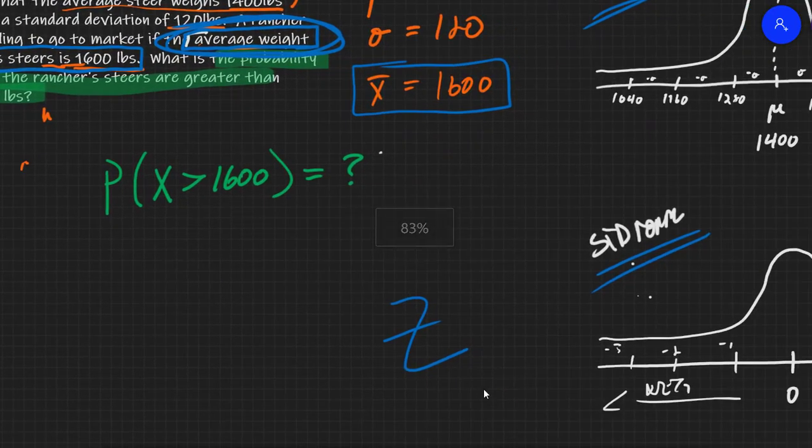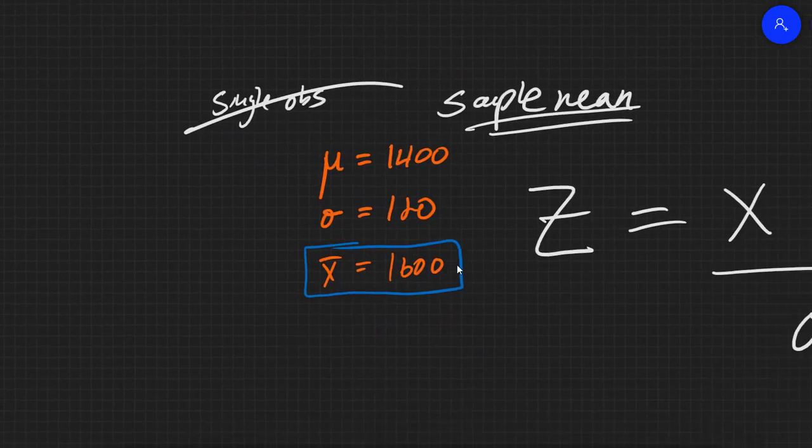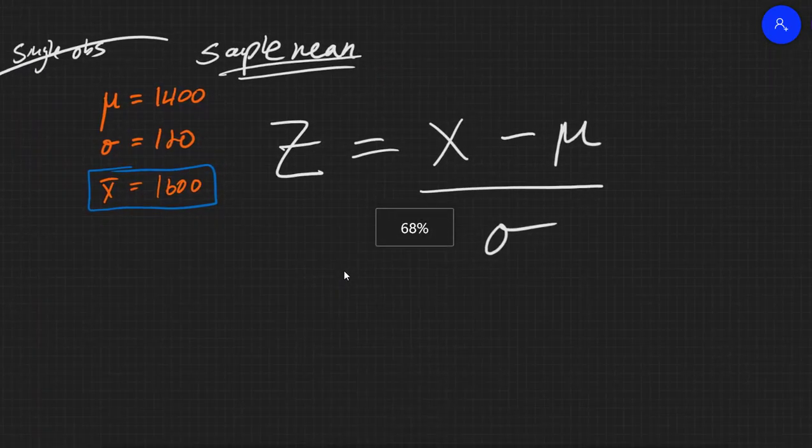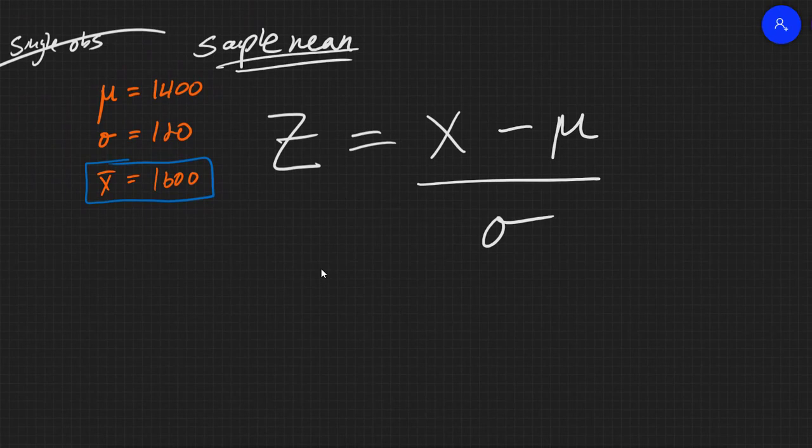We're looking for the probability that if we gather all the steers, we'll have some average. So we're looking for the sample mean here. And if we're looking for the sample mean, then we have to modify our z calculation. It's an x bar, so this needs an x bar on top. And if we do that to the top, we need to divide by the total number of observations at the bottom.